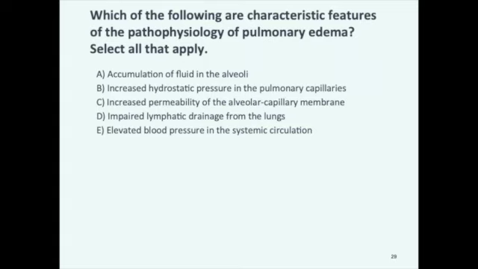Okay, so both increased hydrostatic pressure in the pulmonary capillaries, and you can see the connection with elevated blood pressure in the systemic circulation, which then also causes an increase in hydrostatic pressure and fluid leakage. All of these are correct. They are all part of pulmonary edema.